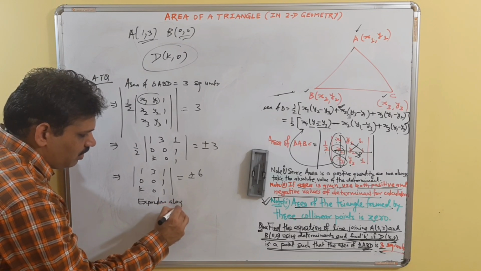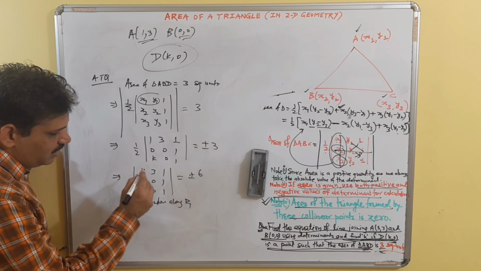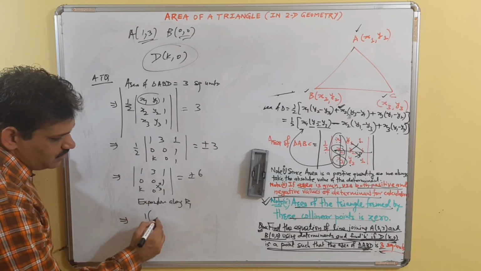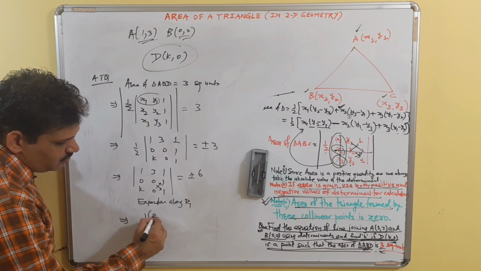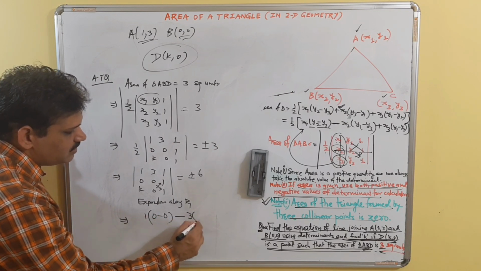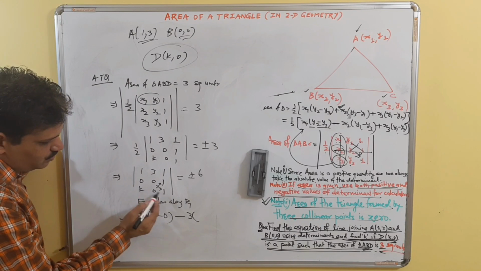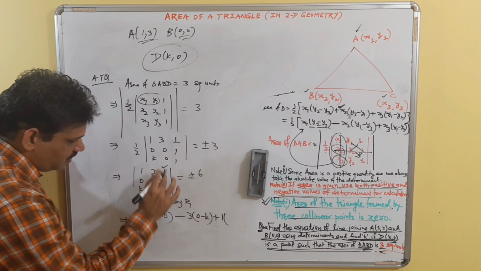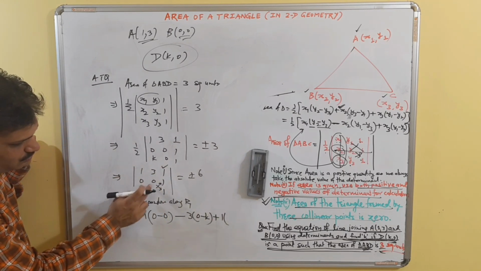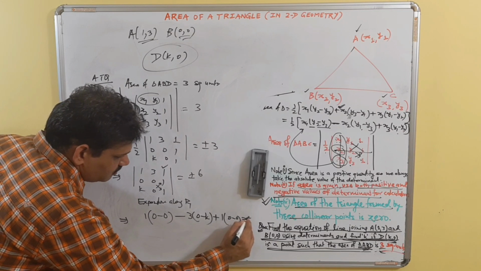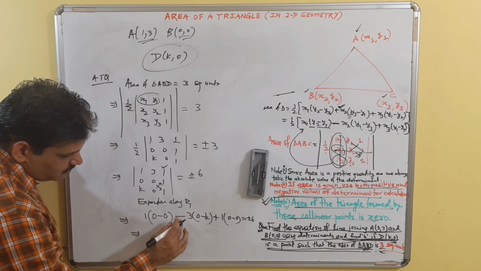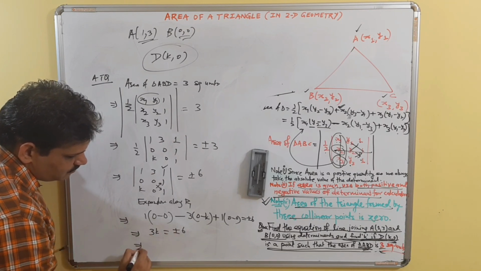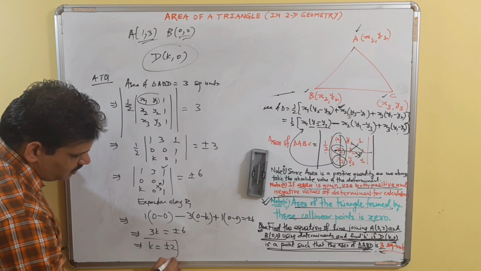Expanding along R1, what we get is 1 times of 0 minus 0, minus 3 times of 0 minus k, plus 1 times of 0 minus 0, is equal to plus minus 6. This gives us plus 3k is equal to plus minus 6, which gives us k is equal to plus minus 2.